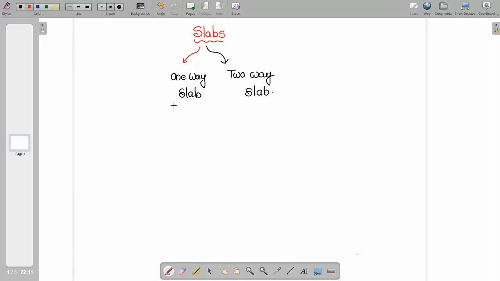A slab which is spanning in one direction is known as a one-way slab.